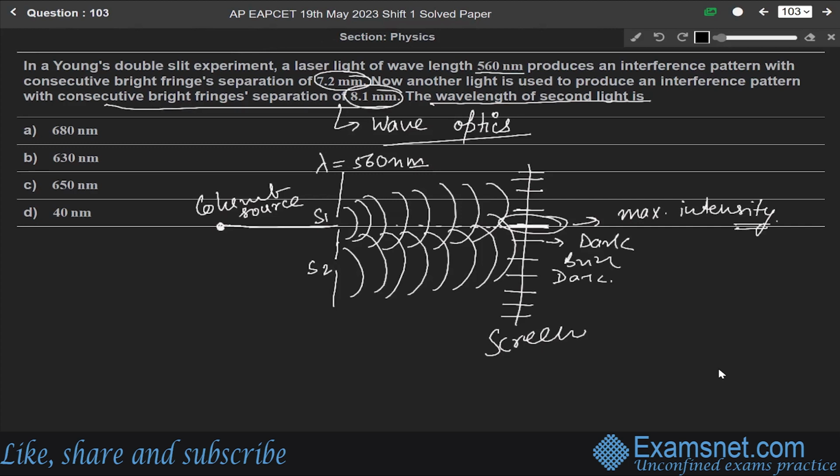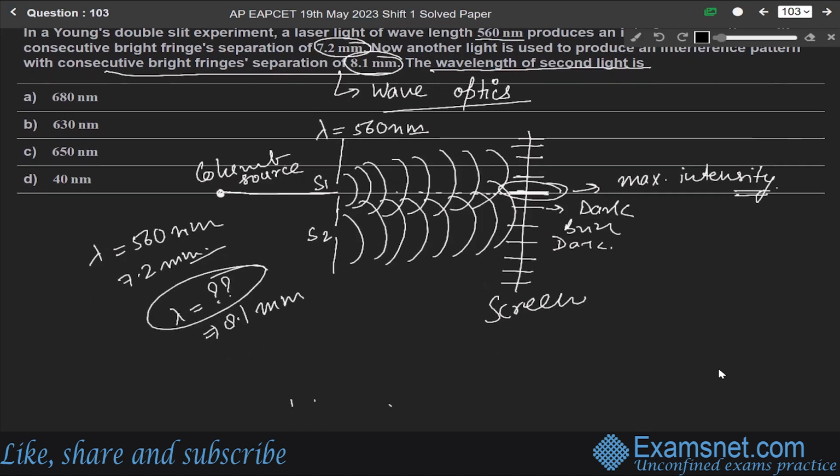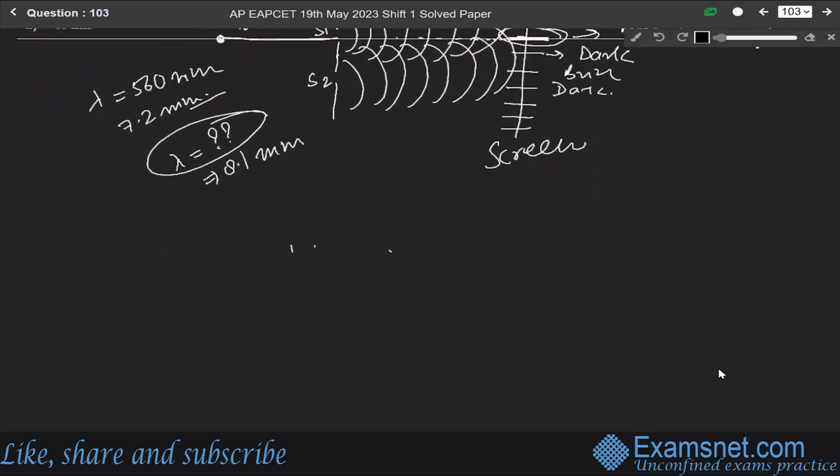When the wavelength is 560 nanometer, the separation is 7.2 millimeter. And we have to find the wavelength when the separation is 8.1 millimeter. So we have to find this wavelength lambda for another light that is forming an interference pattern.